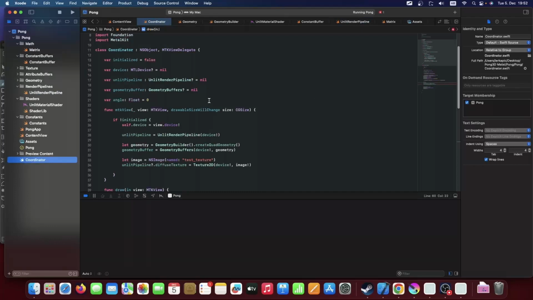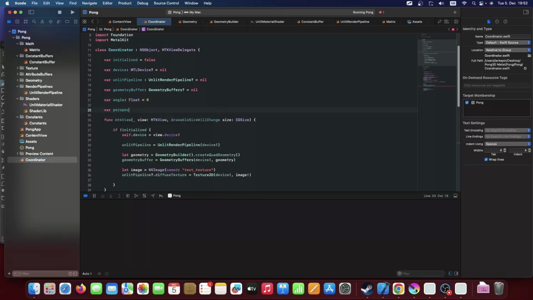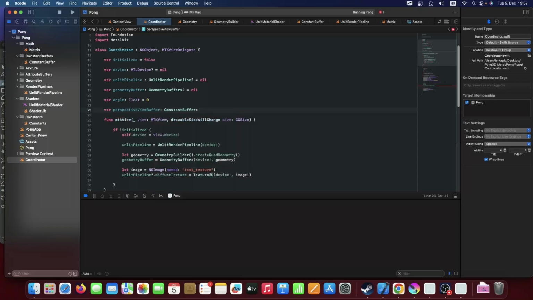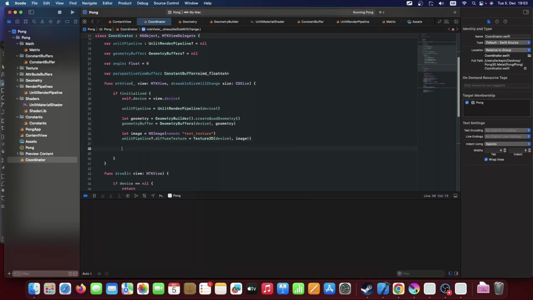And if I create it somewhere over here, perspective view buffer is of type constant buffer, so SIMD float4x4, and then we just need to initialize it.